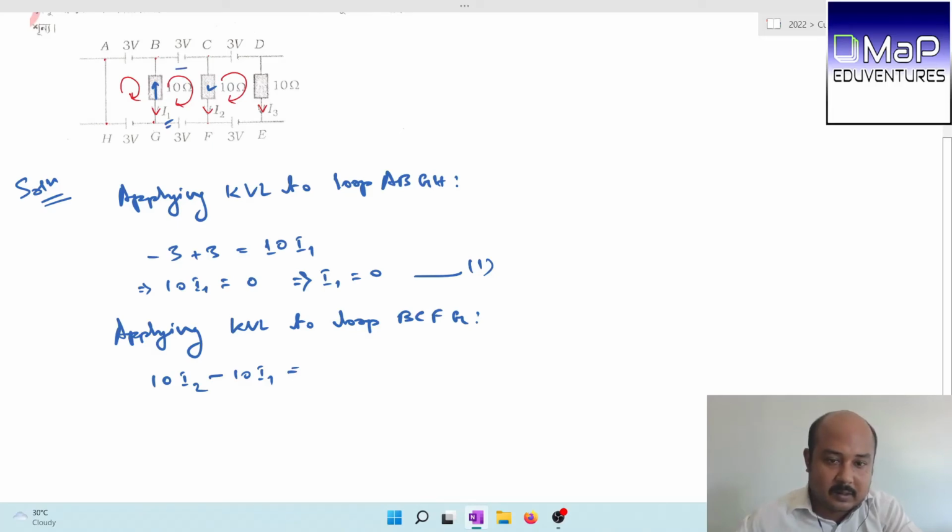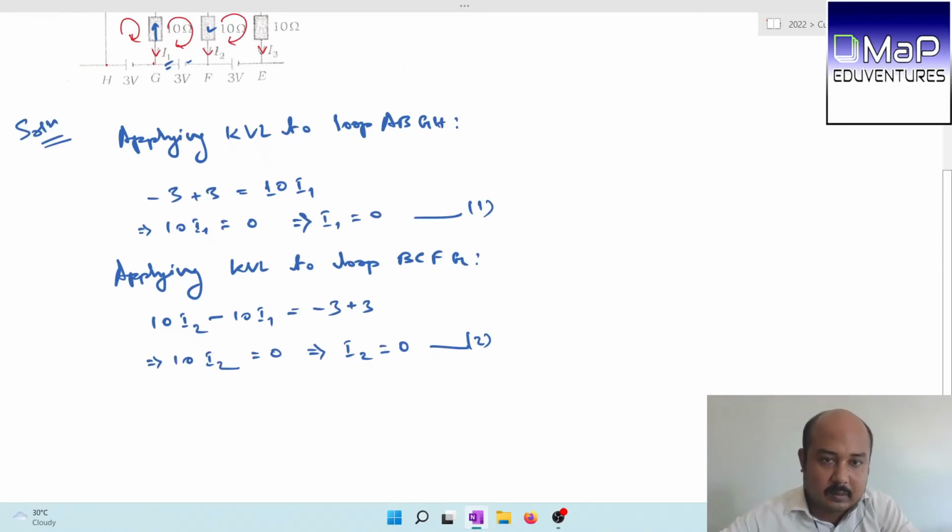Earlier it was -3, and the lower one becomes +3. So now I have 10 I2 minus 10 I1; since I1 is equal to 0, that term will not be there. I have 10 I2 equal to 0, which also gives I2 equal to 0. This is equation number 2.